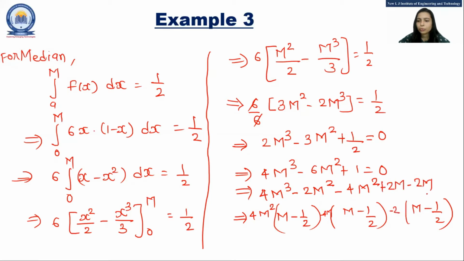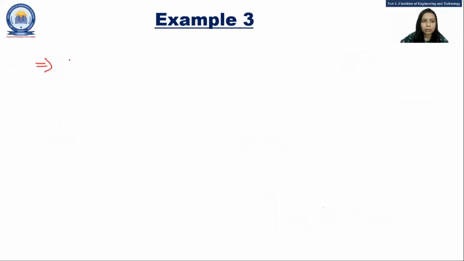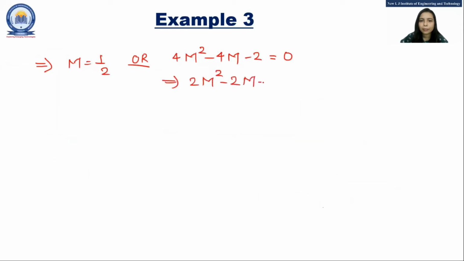So minus 2 plus 1 will become 0. So the equation is either m is equal to 1 by 2, or 4m square minus 4m minus 2 is equal to 0. So 2m square minus 2m minus 1 is equal to 0.